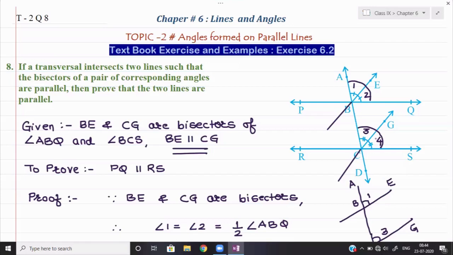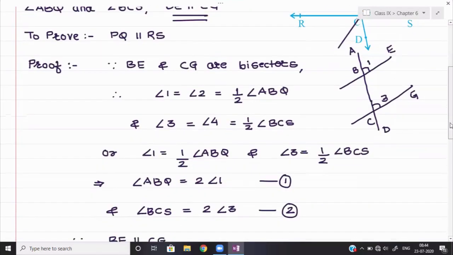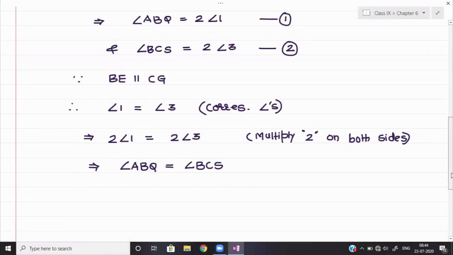So these corresponding angles lie on which two lines? PQ and RS. You can check clearly. You need to see the figure very carefully. So these two angles, angle ABQ and angle BCS, lie on the lines PQ and RS. Okay, so we can say therefore PQ and RS are parallel.